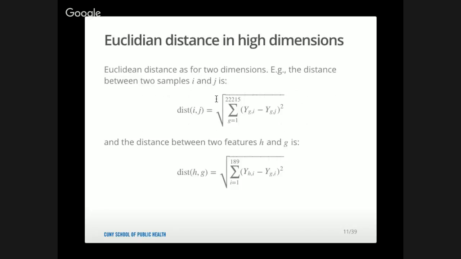The distances basically look like Pythagoras' theorem, except instead of 2 elements, we have 22,000 elements inside the square root. And we can define that distance between samples summing up to 22,000, or between genes summing to 189.